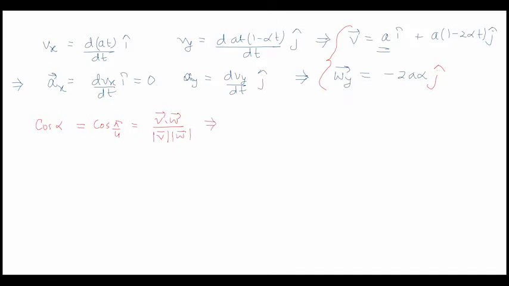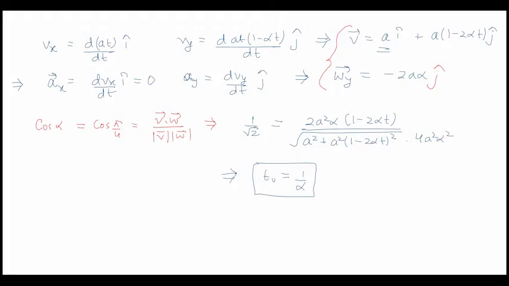On performing the dot product and substituting the values, we obtain cos pi by 4, which is 1 by root 2, equal to v dot a, which can be written as 2a square alpha (1 minus 2 alpha t), upon the magnitude of v, which is square root of a square plus a square (1 minus 2 alpha t) square, times the magnitude of acceleration, 2a alpha. So from here, if we simplify this equation, we obtain t naught is equal to 1 by alpha for this particular problem.